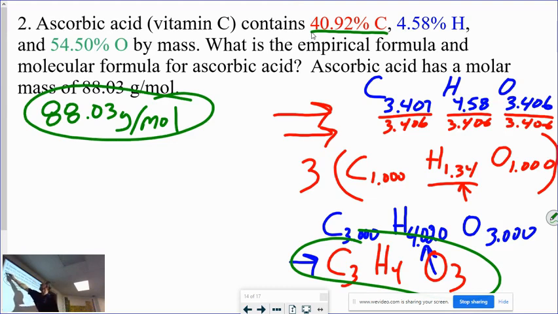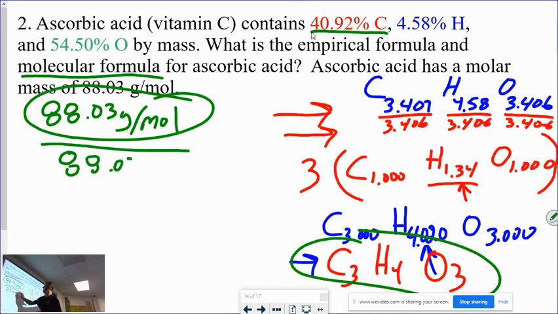But it still wants to know the molecular formula. And it says the molar mass of the molecular formula is 88.03. So if you're following the steps, you would take this number and you would divide it by 88.03. You get 1 as an answer.